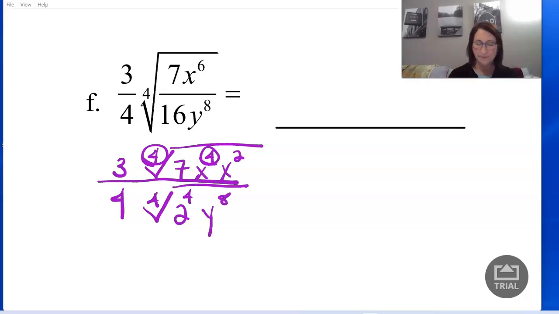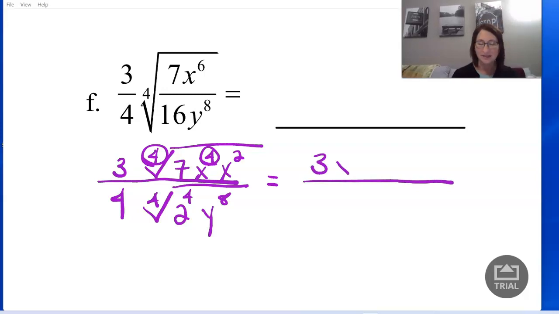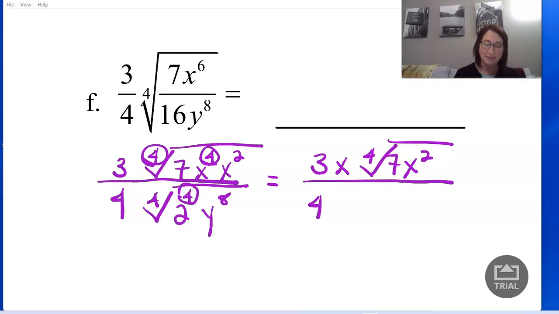Okay, so now I've got my fraction bar. I've got the 3, so I can pull out an x, and then I'm left with the 4th root of 7x squared. In the denominator, I've got a 4, but I can pull out a 2, so it's 4 times 2. And then if I take that exponent of 8, divide it by that index of 4, I end up with a y squared.